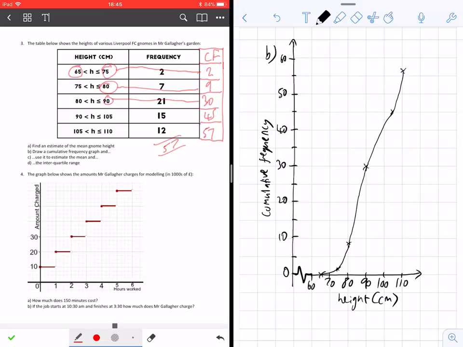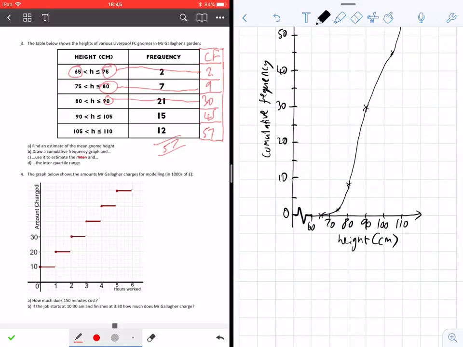Now I need to use it to estimate the median. It says mean on this paper, but it should say median. So what I'm going to look at is, okay, I've got 57 is my total frequency. If I do 57 divided by 2, that gives me 28.5.